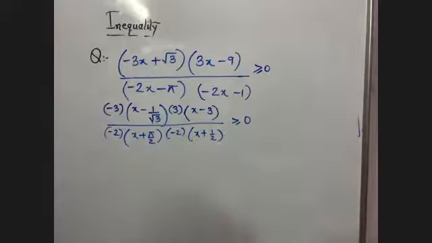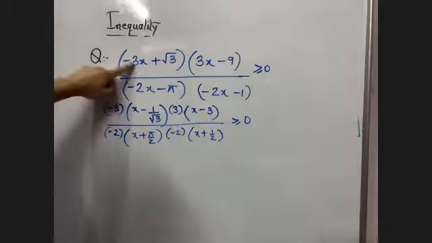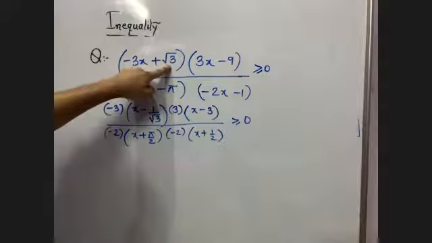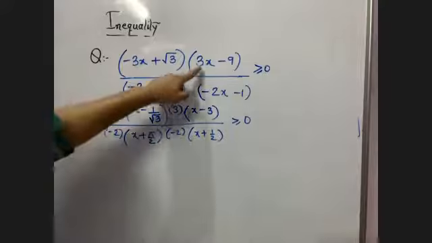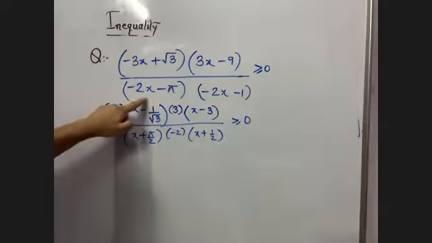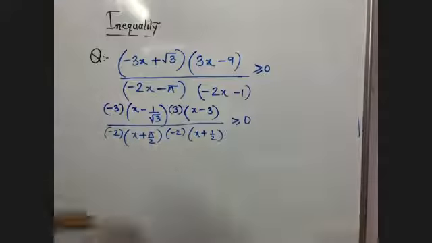Again, I am repeating this step to make it more clear for everyone. -3 I have taken common: x minus root 3 by 3, that is 1 by root 3. 3 is common: x minus 3. -2 is common: x plus 5 by 2; -2 common: x plus this.